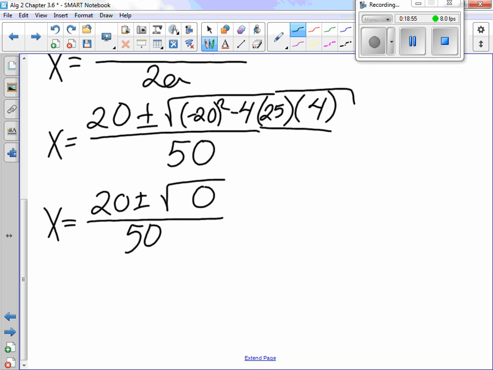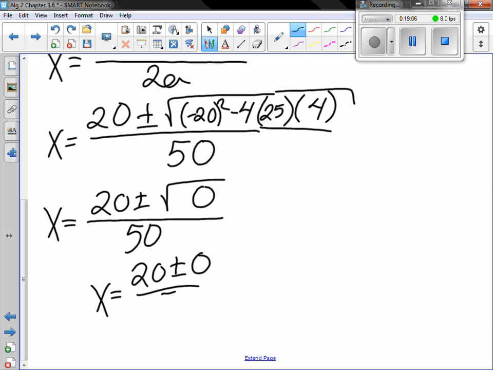It works out to be 0, and that's possible. But what is the square root of 0? Yeah, so we have 20 plus or minus 0. Does anything really change if I add or subtract 0? No. So I can pretty much just drop that, and we have 20 over 50.